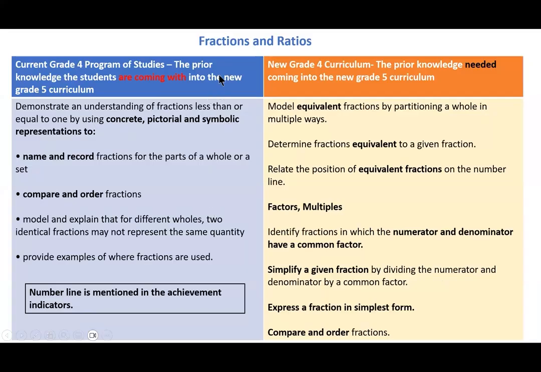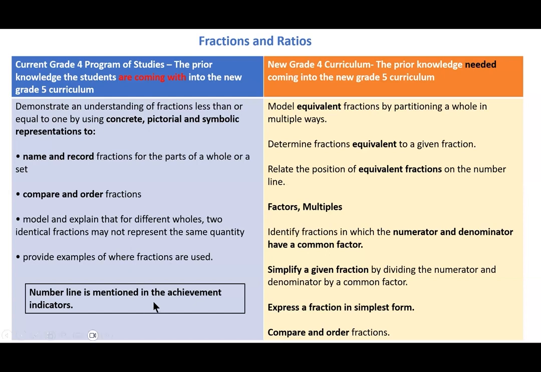So on the left side, this is the prior knowledge your students from grade 4 are coming with. They do have an understanding of fractions, concrete, pictorial, and symbolic, less than or equal to 1. So they've only worked with anything that's less than 1. They can name a fraction like 1/5, 1/2, and they know the fractions as part of a whole or part of a set.